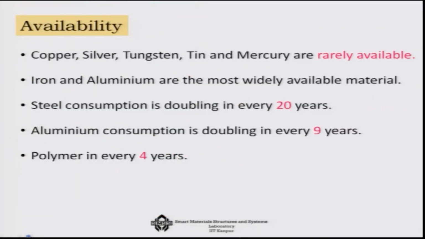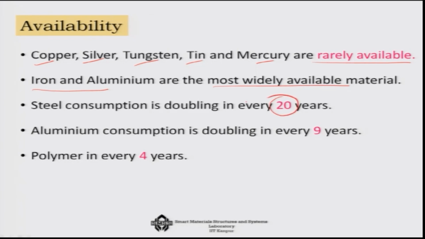Now, some broad pictures I want to tell you. For example, copper, silver, tungsten, tin and mercury are rarely available. So, you should avoid them by all means in your general design. Iron and aluminum are the most widely available materials, so you should try to use them more. Steel consumption is doubling every 20 years.